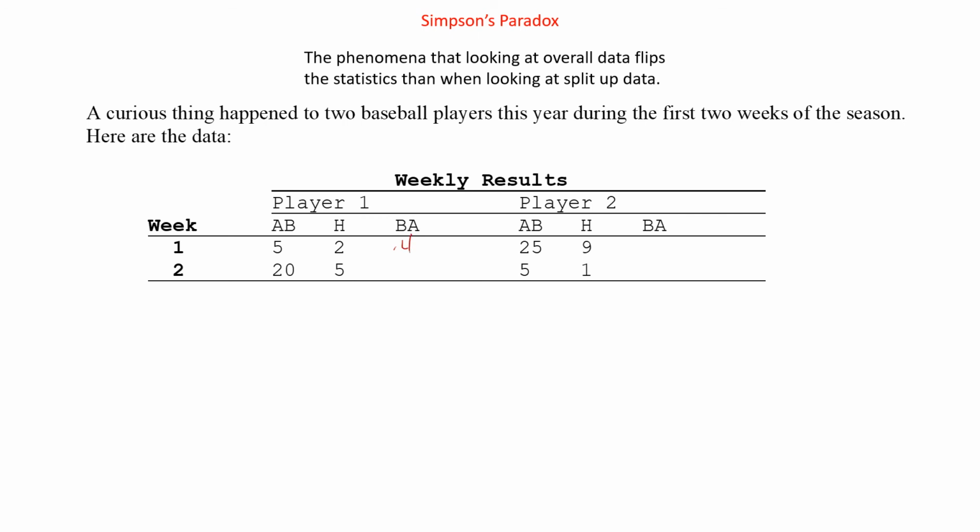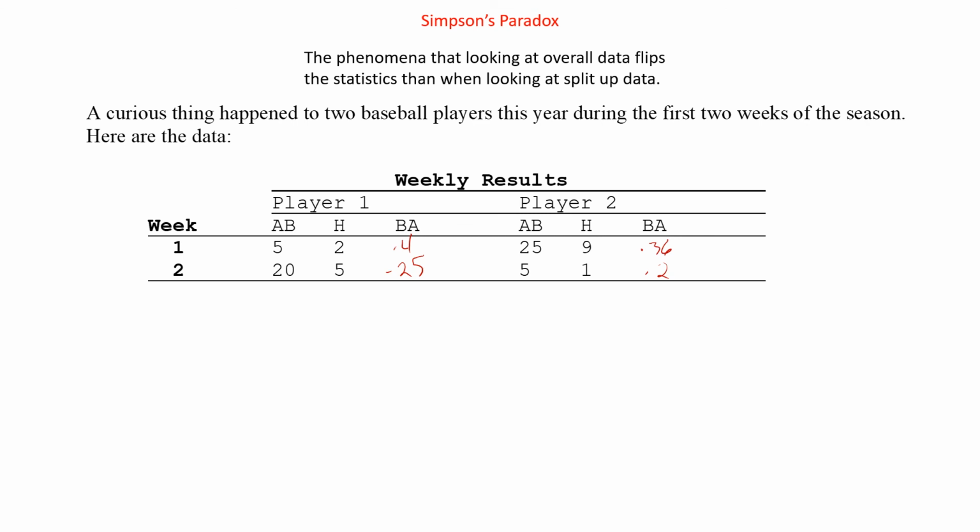And week 2, he had 5 hits out of 20 at-bats. So we have 5/20, which is 1/4, which is 0.25. Player 2, first week, had 9 hits out of 25 at-bats. So that would be 9/25, or 0.36. And week 2, he had 1 hit out of 5 at-bats. So that would be 1/5, or 0.2.